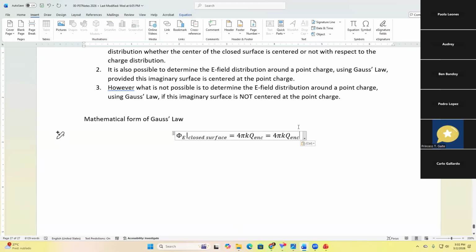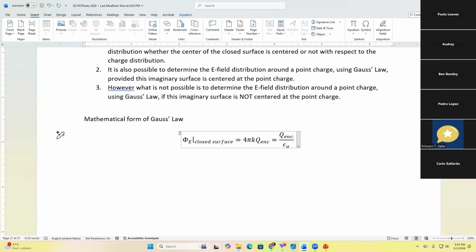Okay, and the other way that can be written is like that. Epsilon naught, and then I can erase this constant that goes here. Okay, epsilon naught is the dielectric constant of the vacuum.